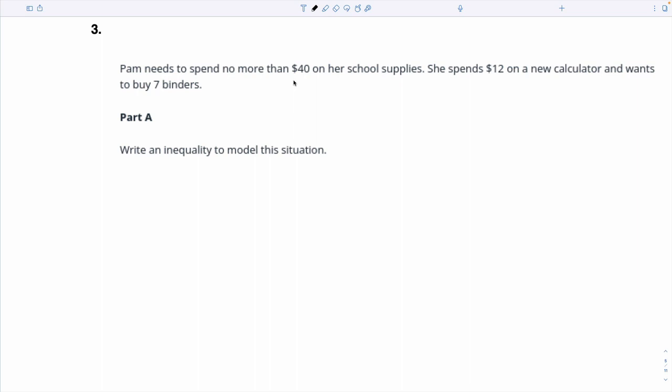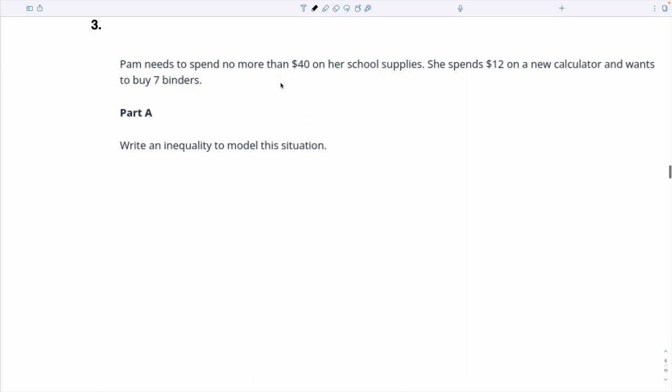Yep, you need to do B if you're done with A. B is just solving it, so if you've already gotten x by itself, you have the answer. 10, 9, 8, 7, 3, 2, 1.